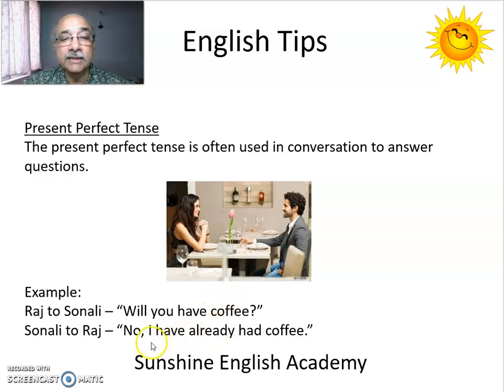You can see here, I is the subject, have is the helping verb, and had is the main verb in the V3 form. Note that had here has the same meaning as drunk. What Sonali means is that, no, I have already drunk coffee.